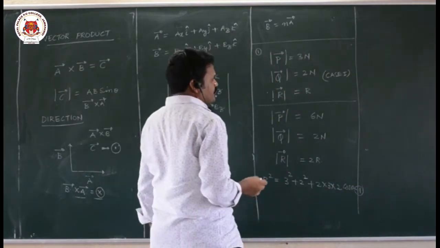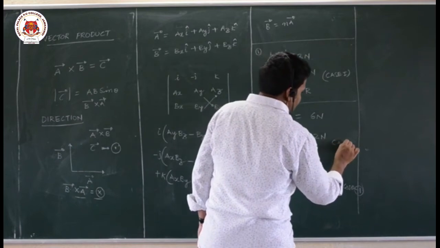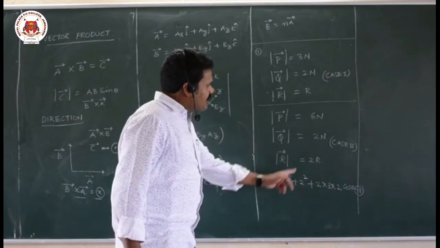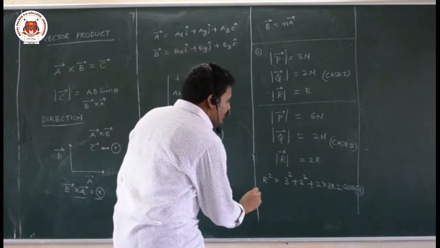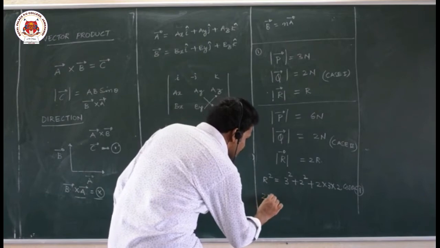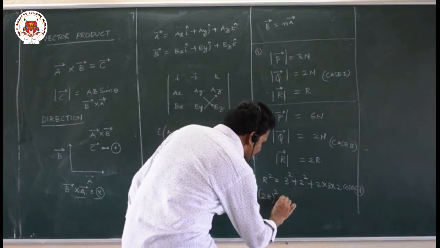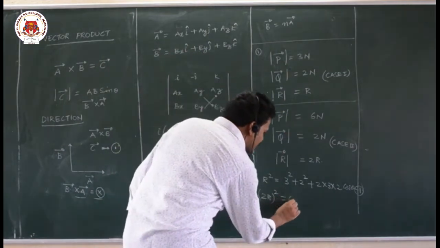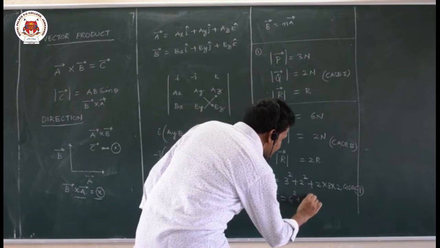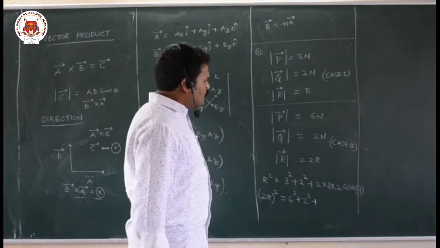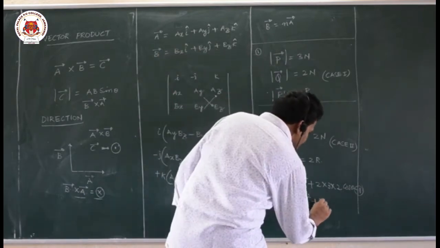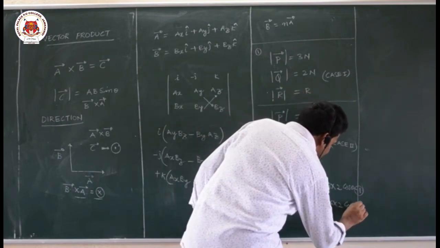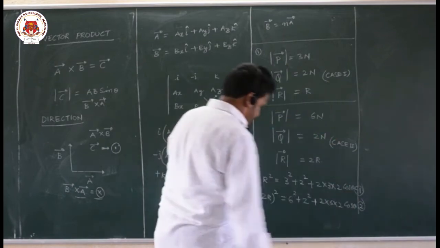For case 2, he made this 3 into 6. So the second time the resultant is 2R, and (2R) whole squared is equal to 6 squared plus 2 squared plus 2 into 6 into 2 cos theta, which is equation number 2.